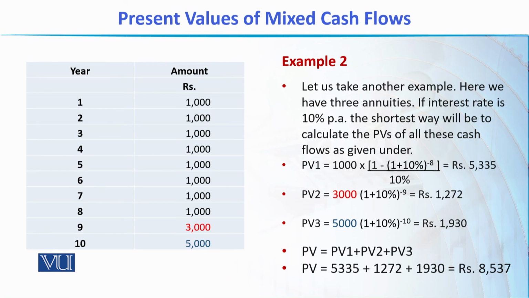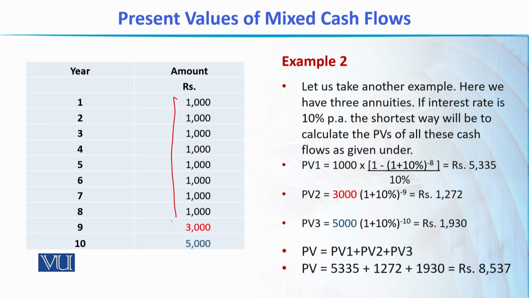Now let's have a look at another example, and this is the example where we have to calculate the present value where we have got a different type of mixed cash flow. Have a look at it. Here we have got 8 installment amounts of 1000 rupees, which makes it an annuity certainly.